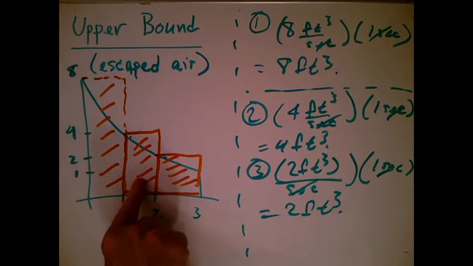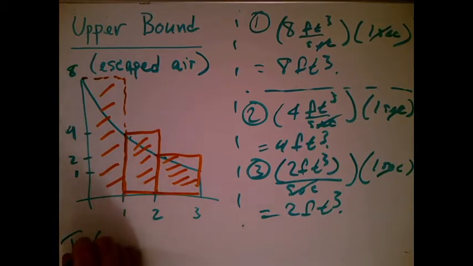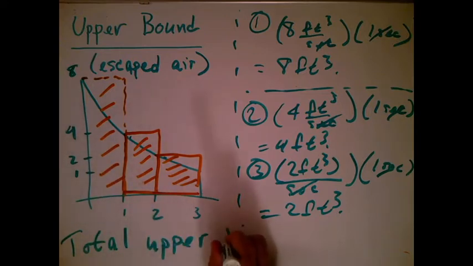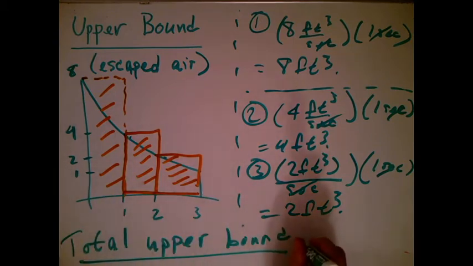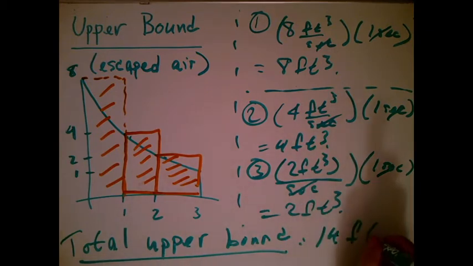The second calculation gave me an area that was bigger than the corresponding part of that rate graph, etc. If I want a total upper bound, what I'm going to get is 8 plus 4 plus 2. That's 14 cubic feet.